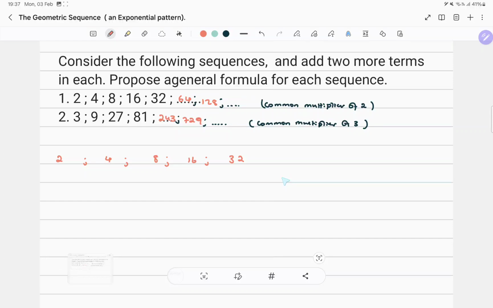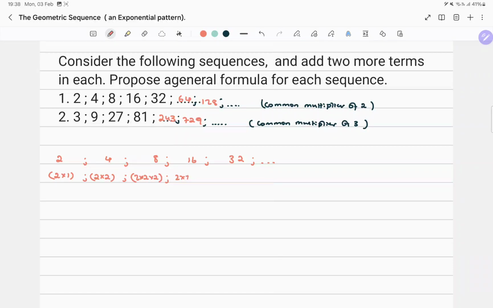Anyway, so how do we write this? Well, we can see that this is 2 times 1. This is 2 times 2. This is 2 times 2 times 2.